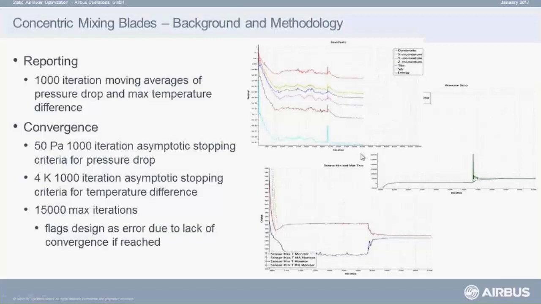These plots here, by the way, are giving the baseline design. So we had a starting solution that was used as an initial solution for all further simulations. And as you can see here, you have a converged solution.